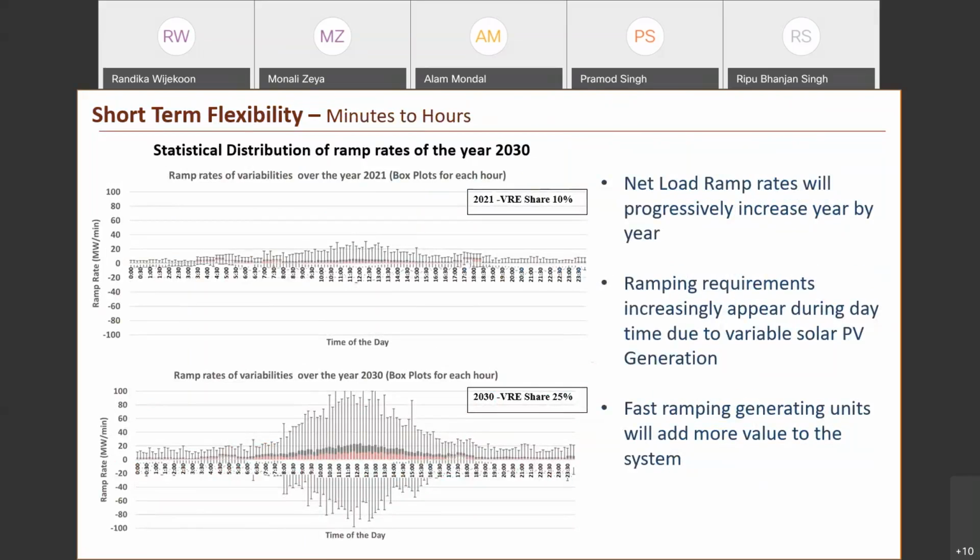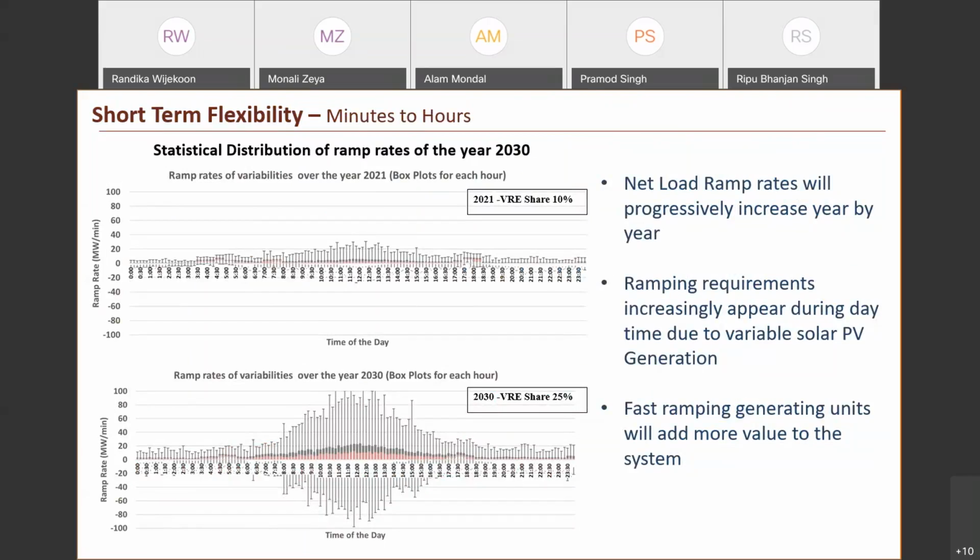And even going to another final level of detail, we have looked at how the ramping requirements vary from these net load requirements. We observe that from the current trends to the future year, 2030, the ramping requirement of the net demand increases significantly.